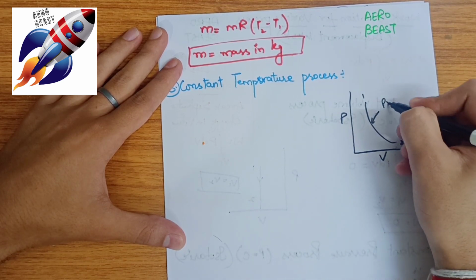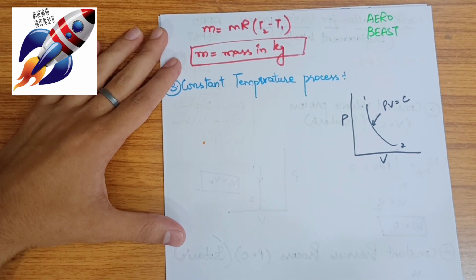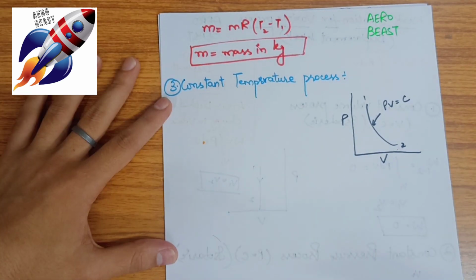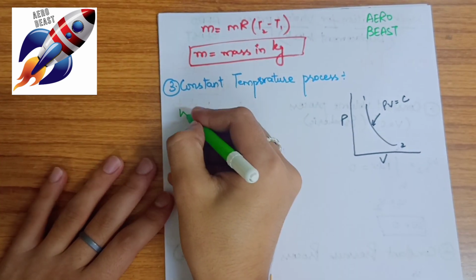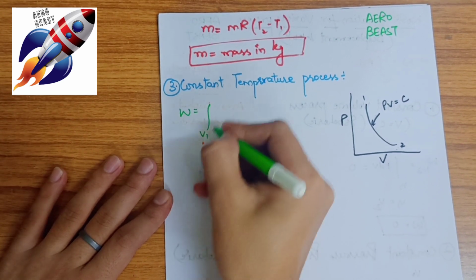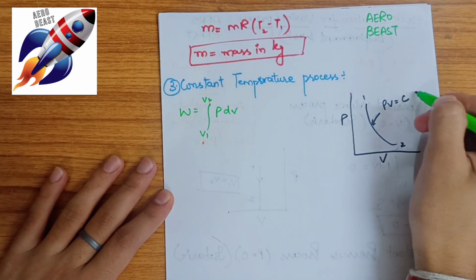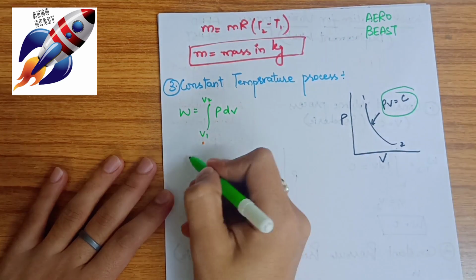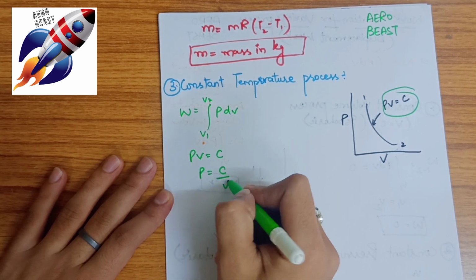This one is PV. PV is equal to constant. Pressure and volume vary so that the product remains constant, that is the constant temperature process. So work done is equal to the integral from V1 to V2 of P dV. As we know that PV is equal to constant, therefore P is equal to C upon V.